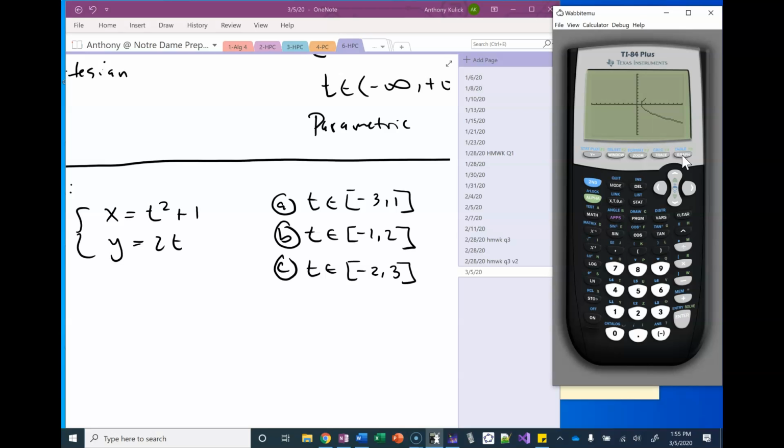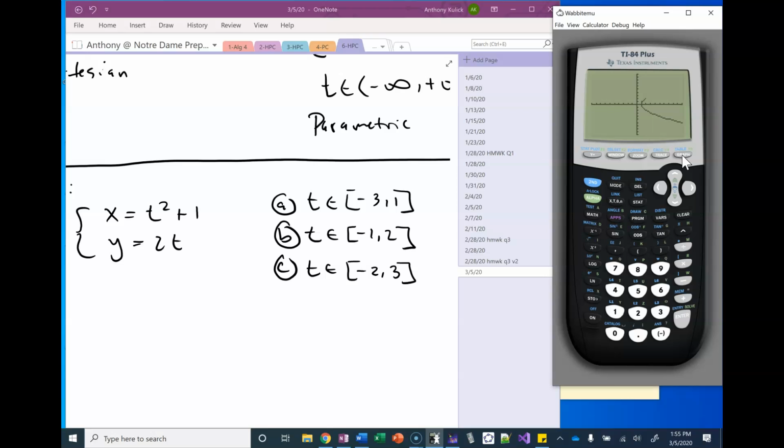Now, when we graph things on our calculator in Cartesian form, were we able to graph things like that would fail a vertical line test? Not really, right? It would take some manipulation to get that to work. In parametric form, piece of cake. We can graph all those sorts of things.